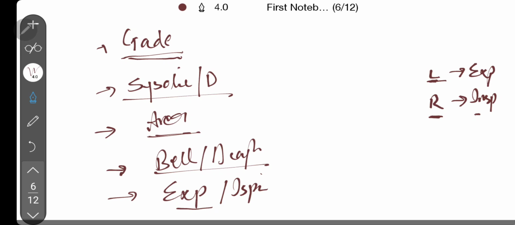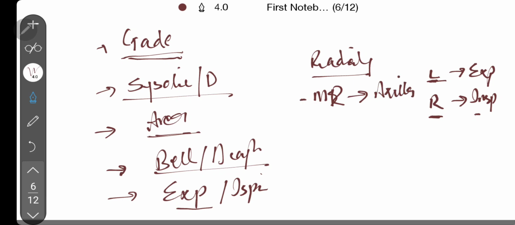And there are two more things. That is radiation. The murmur of mitral regurgitation radiates towards the axilla, and the murmur of aortic stenosis radiates towards the carotid.